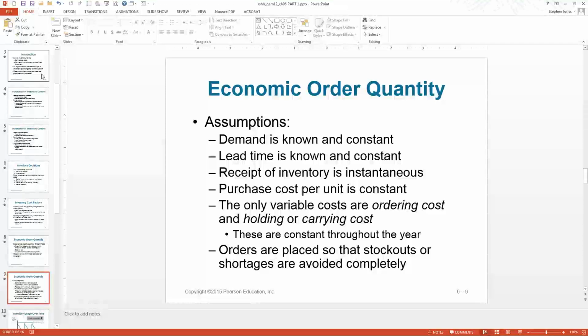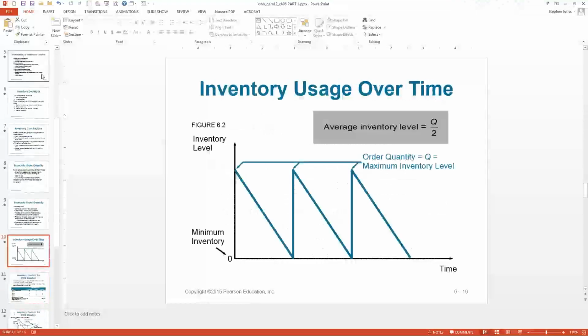Then you also want to be sure the EOQ tells you that you don't want to have any stockouts or shortages, that you're going to order soon enough and in large enough quantities so that you're not ever going to run out of inventory. This is essentially what it's looking for, that you're going to try to deplete your inventory as much as possible and then order the amount that you want and get it all there essentially the same day.